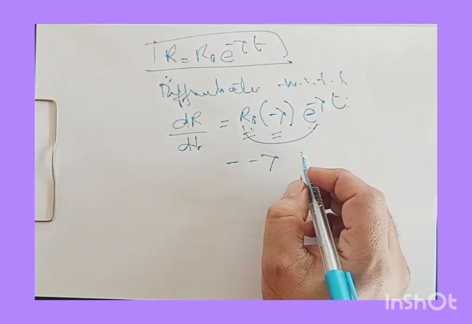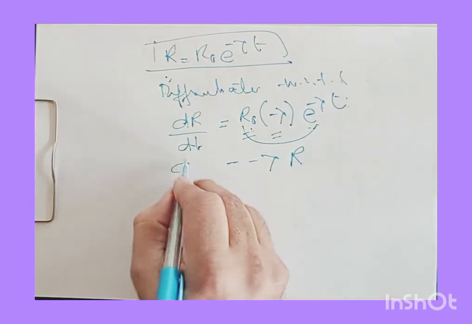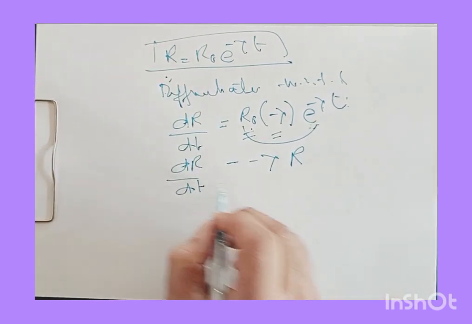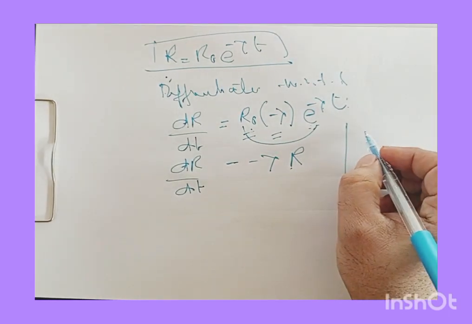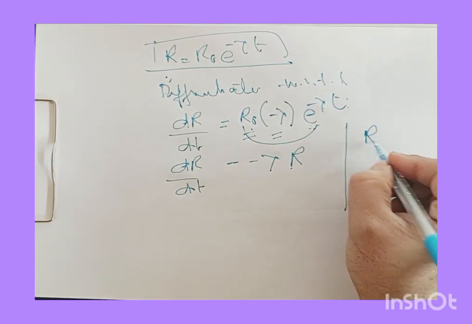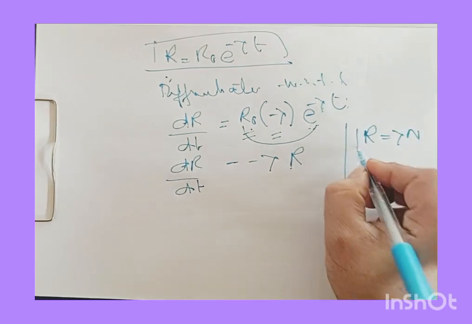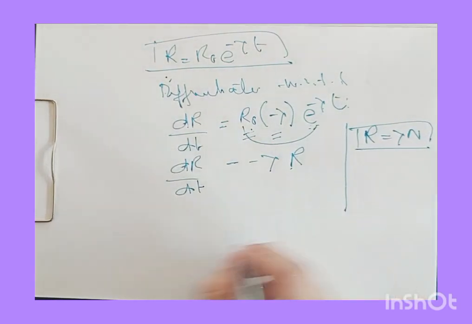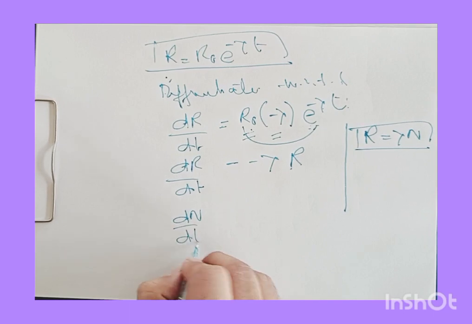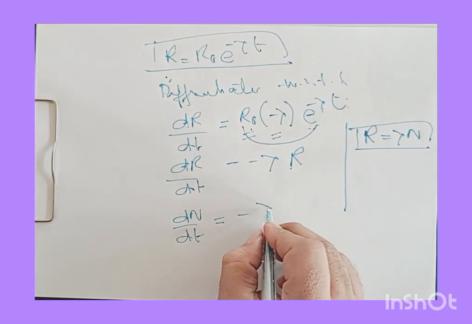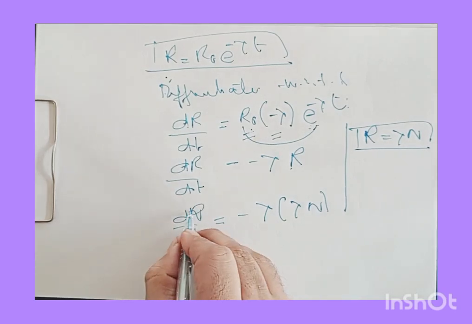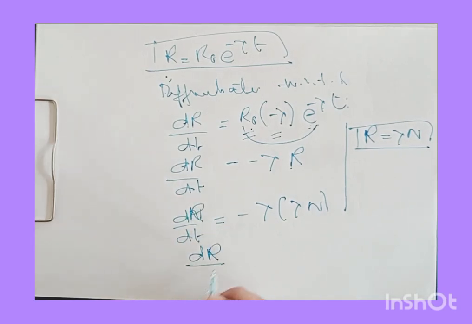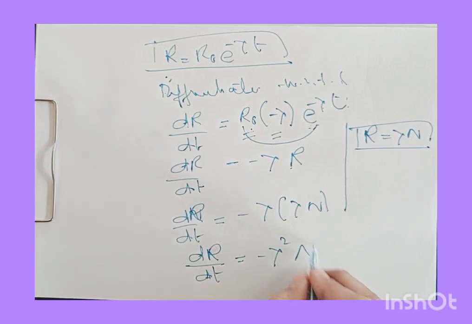This is R. So dR by dt is minus lambda R. But we know that R is lambda n. Activity is lambda n. So dR by dt is minus lambda times lambda n, so the instantaneous change of activity is minus lambda squared n.